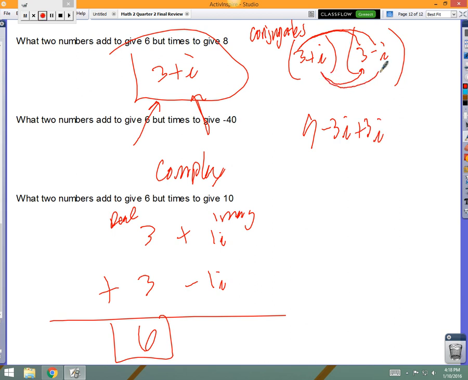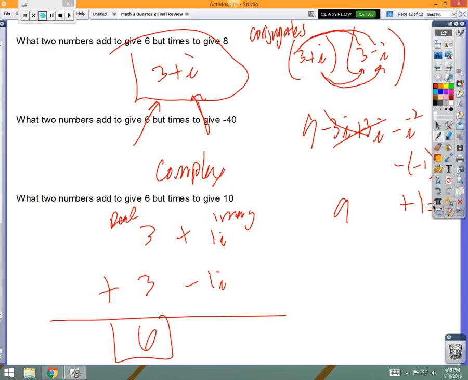And then i times a negative i is a negative i squared. And i squared is a negative 1, so it's a negative negative 1, which is a positive 1. And these will zero out, and you're left with 9 plus 1, and 9 plus 1 is 10. So the numbers are 3 plus i and 3 minus i.